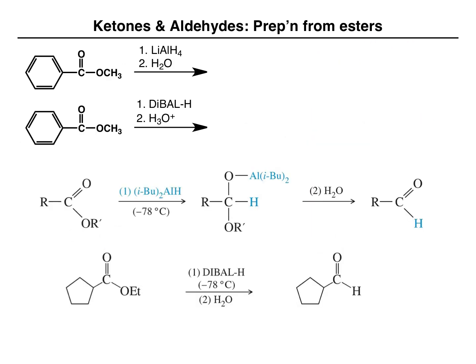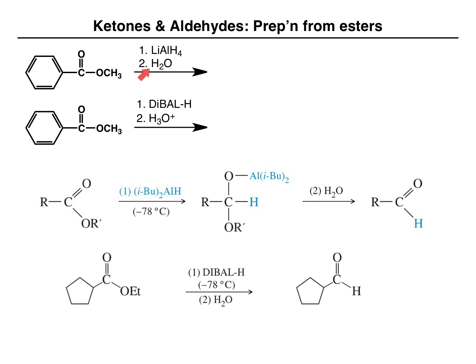We have seen examples of esters being converted to alcohols. Well, can esters be converted to aldehydes? Let's take a look. If we have methyl benzoate, for example, if we were to treat this with sodium borohydride, remember that we get no reaction. So sodium borohydride is not strong enough.